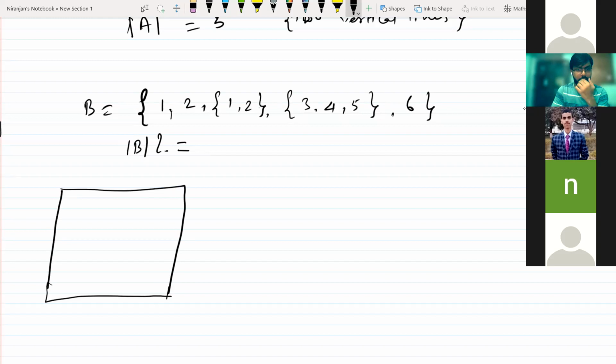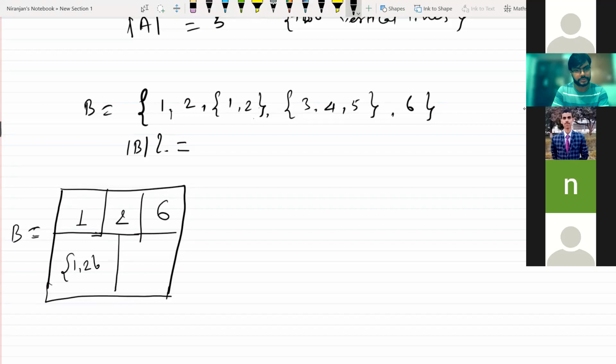So you take a box, and this is a box that represents set P, and all the elements that you are looking at. So the elements are 1, 2, this element, this element, and this element. All these elements are in a section inside this box. Element 1, comma 2, element 3, 4, and 5.